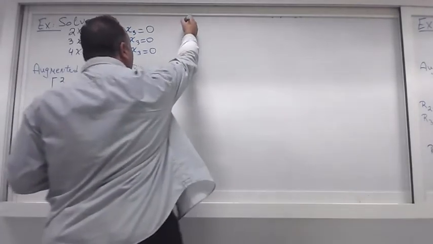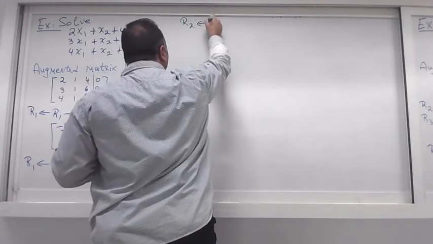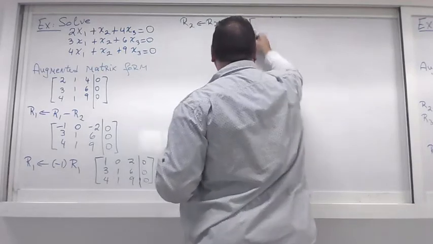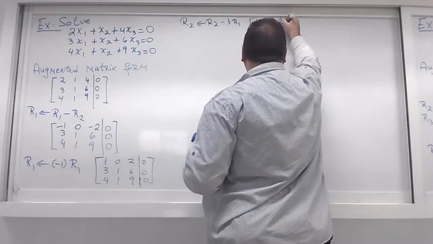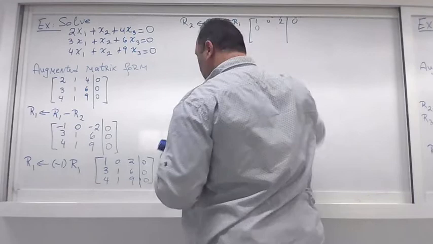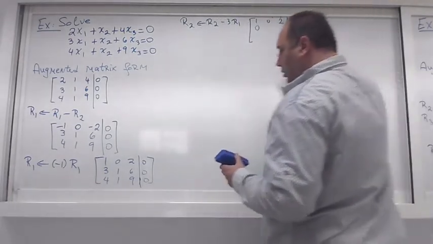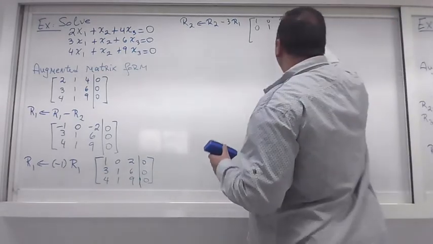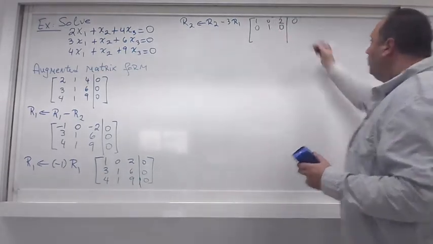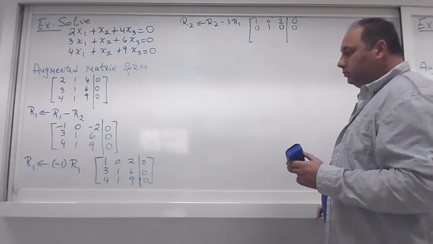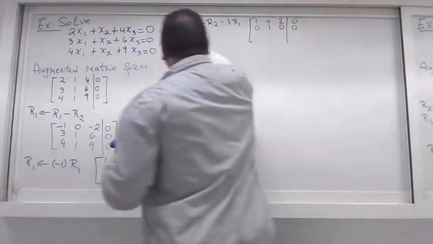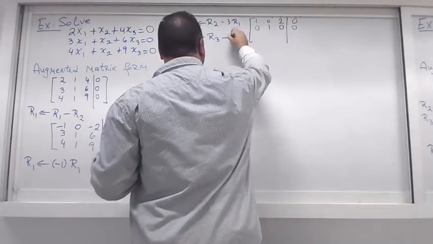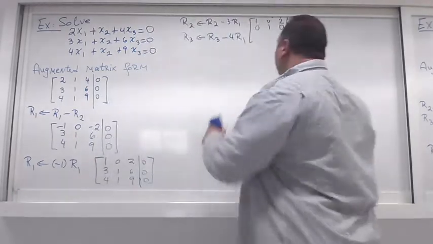Okay, so let's go. Row 2 replaced by row 2 minus 3 times row 1. So this will be 0. This will be 1 still. 6 minus 6 is 0. Nice. Okay. Row 3. Row 3 minus 4 times row 1.